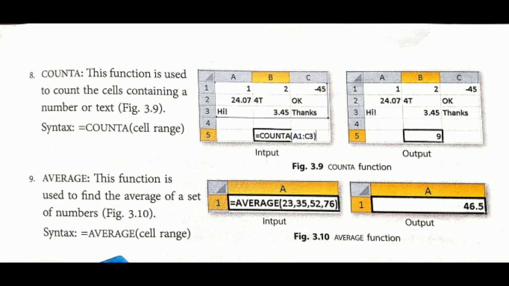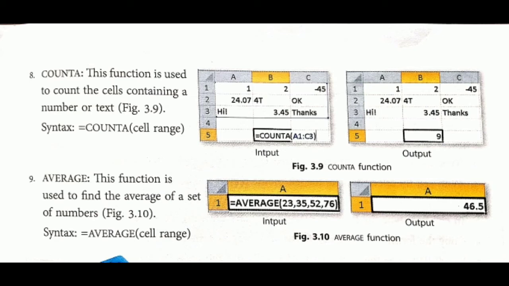That is the difference between the count and counta functions. Once again, the count function counts the number of cells that contain numbers only, while counta counts the cells that contain numbers as well as text. Okay. And the syntax used for counta is equal to counta of cell range.